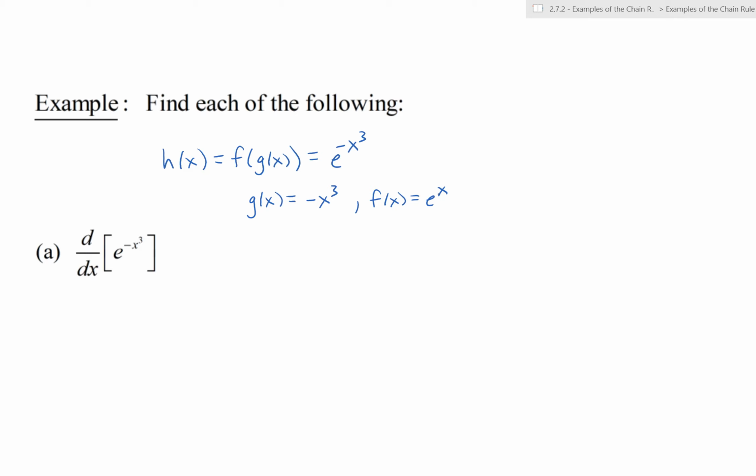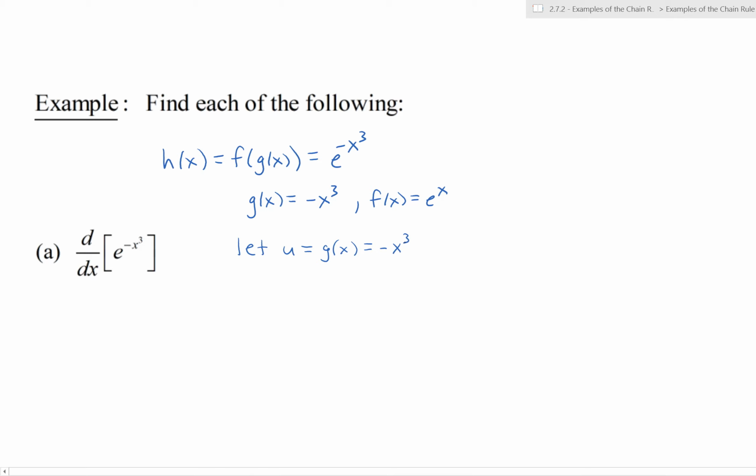So then what do we do? One method, like we saw, is to let u be equal to g of x, the inner function, which is negative x cubed here.